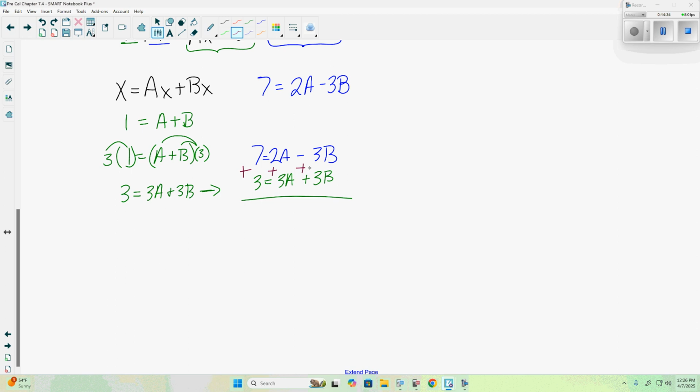Since the signs are opposite, we can add, because negative 3 plus 3 is 0. 3 plus 7 is 10. 2a plus 3a is 5a. To get a by itself, we would what? Divide by 5, telling us a is 2. Questions on this here?